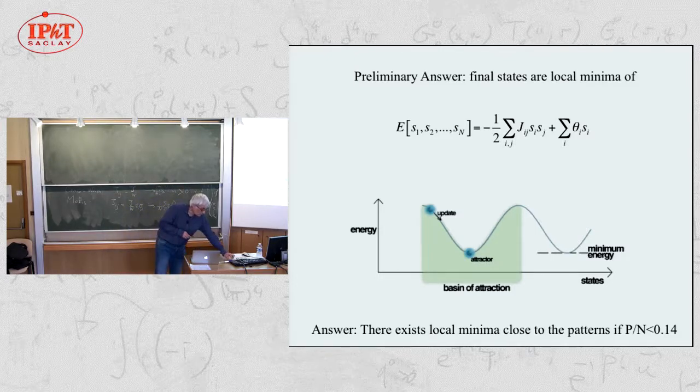So now I'd like to move to a more interesting kind of attractors, which are these finite dimensional attractors. They appeared in neuroscience for different reasons, especially after the discovery of a particular kind of cells, of neurons, whose activity is correlated with some sensory inputs.